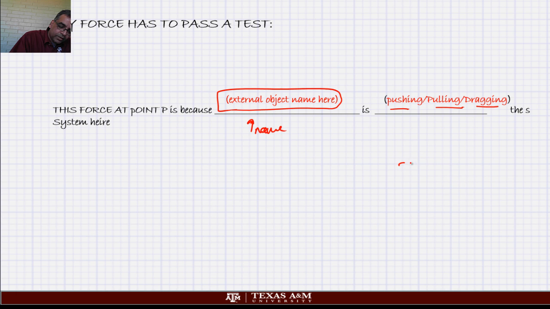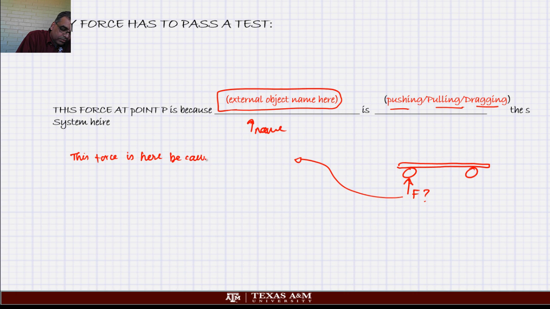So if you look at our skateboard, if you ask what is this force, the answer is this force is here because the ground is pushing the system here.